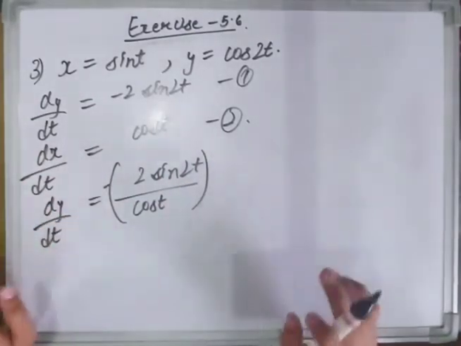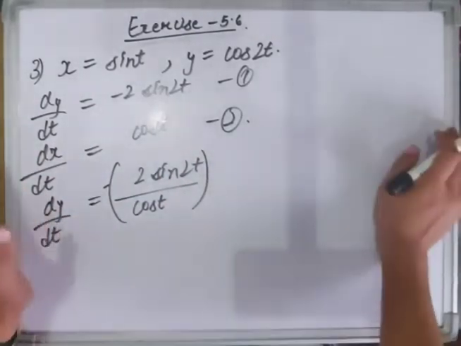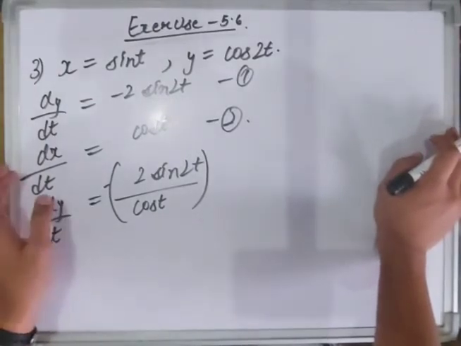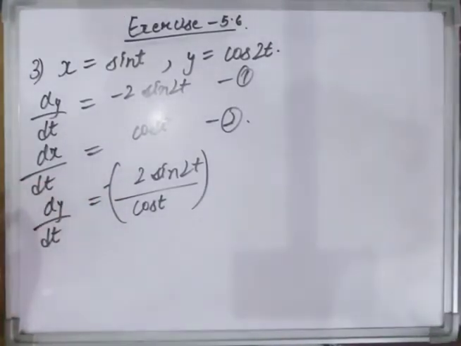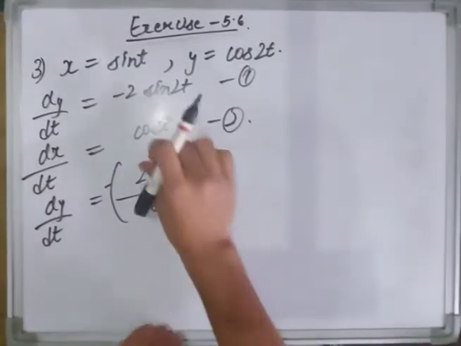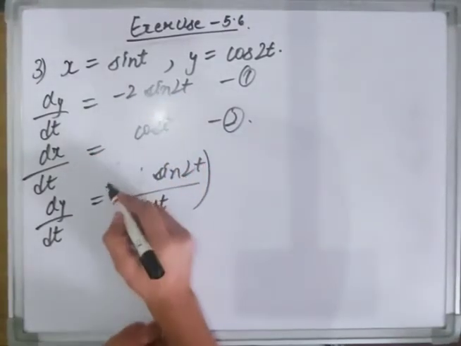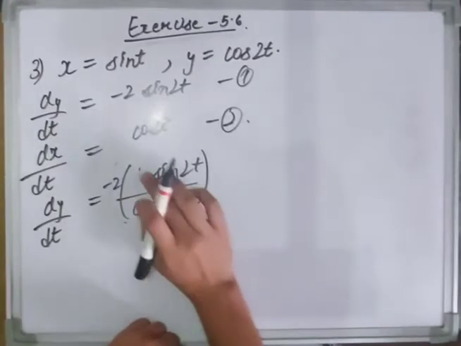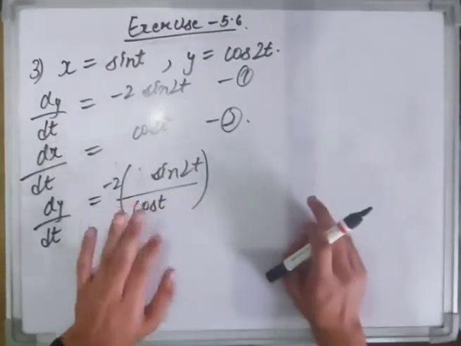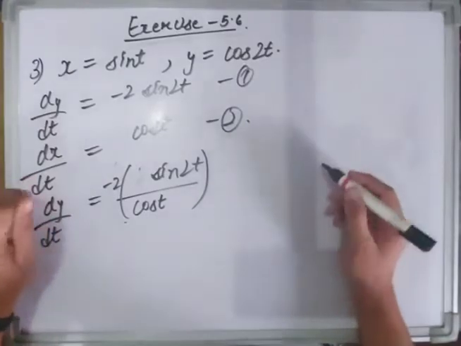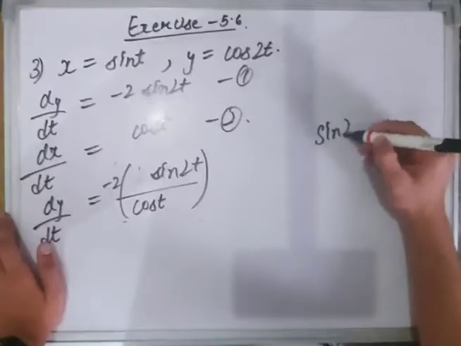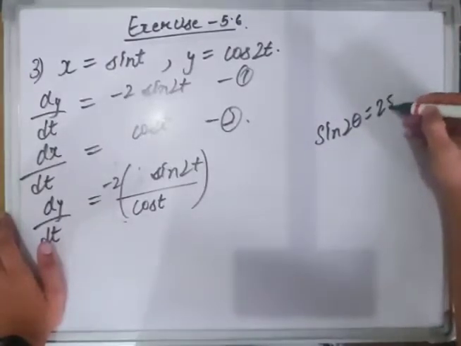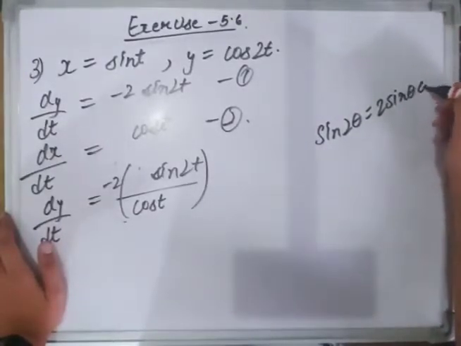Now solve this question. What is the formula of sin 2 theta? Think. Take this 2 out of the bracket as well, minus 2. Now solve this question. The formula of sin 2 theta is 2 sin theta cos theta.